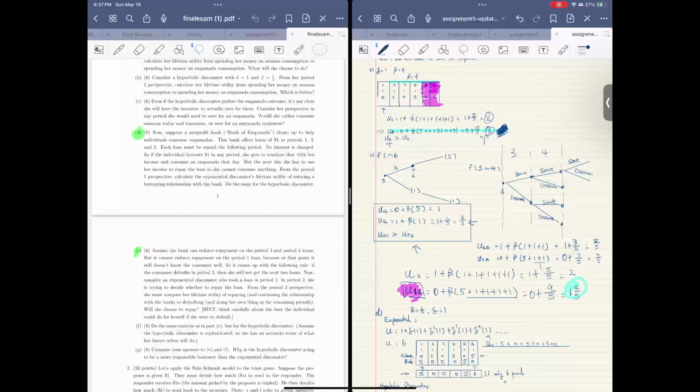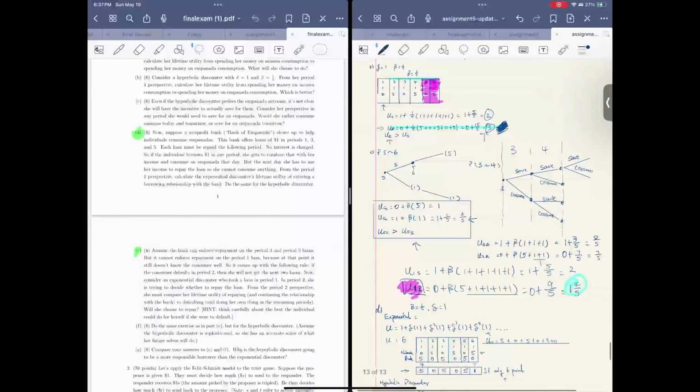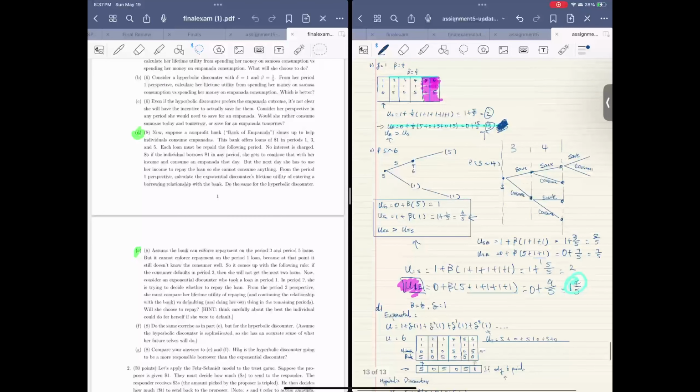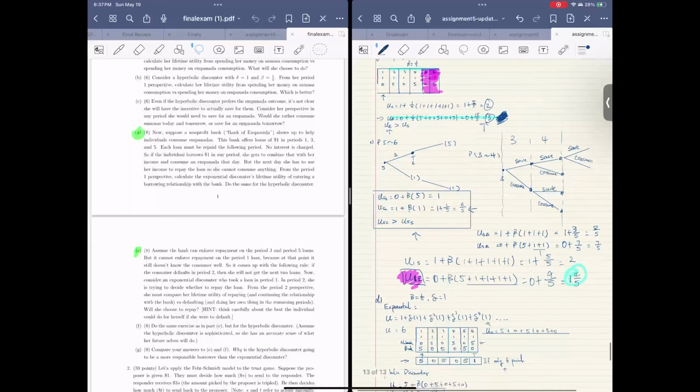So what's the beta coefficient again in this case? 1/5. What does it represent? The intuition of beta? Just like any future gets discounted because it's in the future. Right.